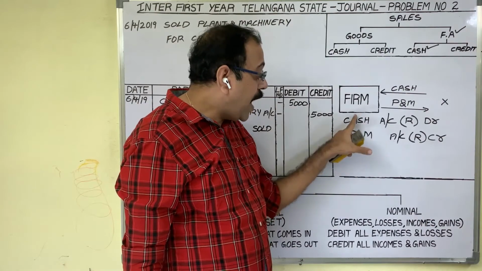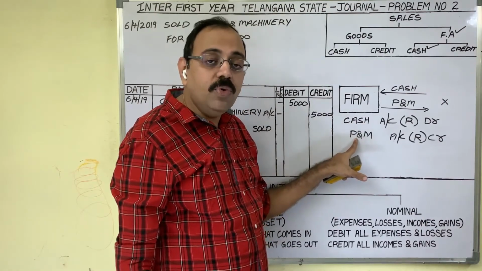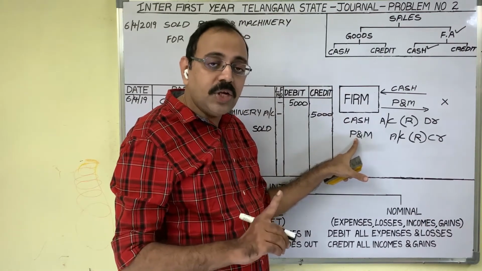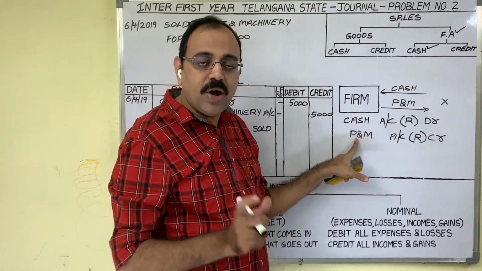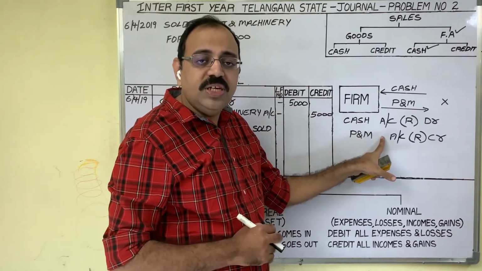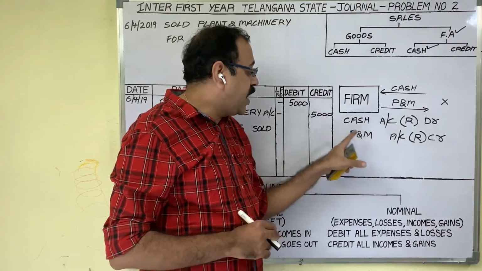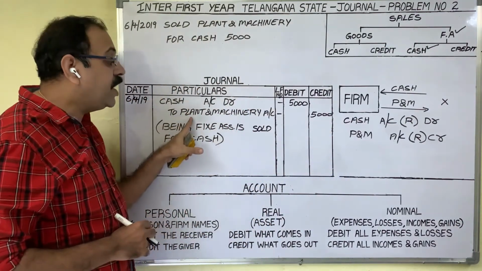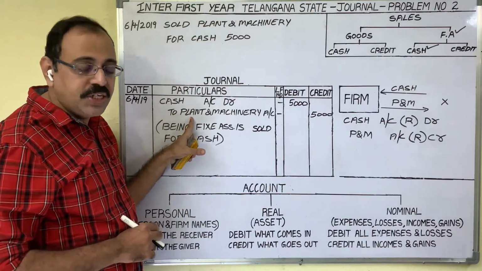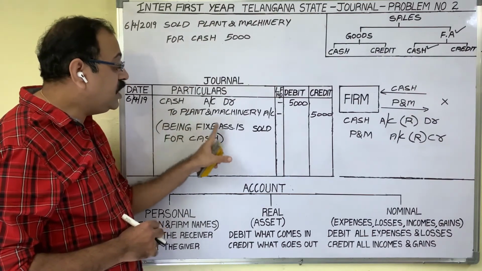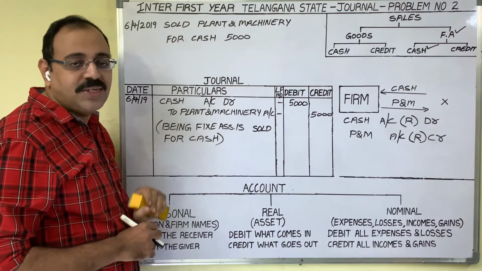When goods come as an account, instead of goods, you have to write sales or purchases according to the transaction. This is a fixed asset, no need to change the word. Final entry is cash account debit to plant and machinery account. Narration is being fixed asset is sold for cash.